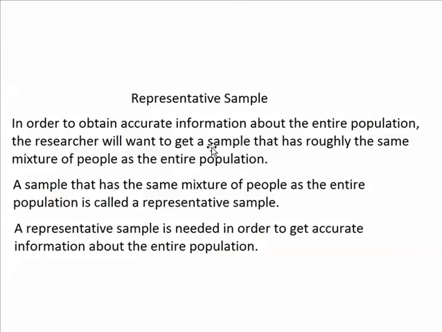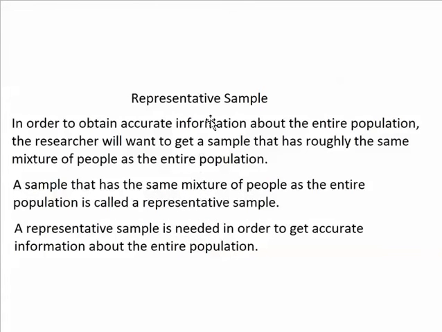If I'm doing a political poll and I want to know which person is likely to win an election, and I'm surveying people in the population, asking them who they're planning to vote for, I'll want the percentage of Democrats and Republicans in my sample to be close to the percentage of Democrats and Republicans in the entire population.